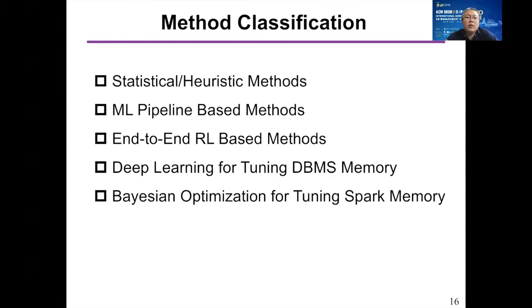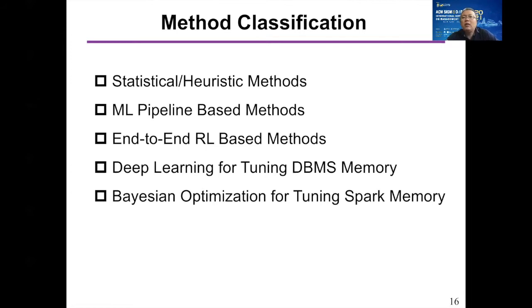The second one is the machine learning pipeline-based method. They first categorize the workloads and identify the most important knobs, and then use machine learning techniques to tune the knobs. And the third one is the reinforcement learning-based method. Given a database, they run some workload on the database and then tune the database based on the workload running and some metrics reported from the database.